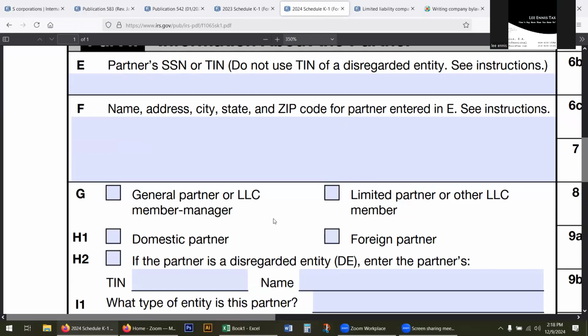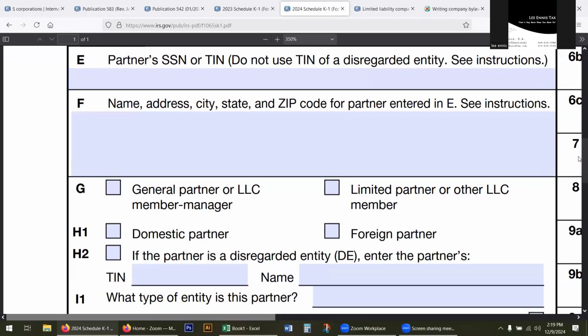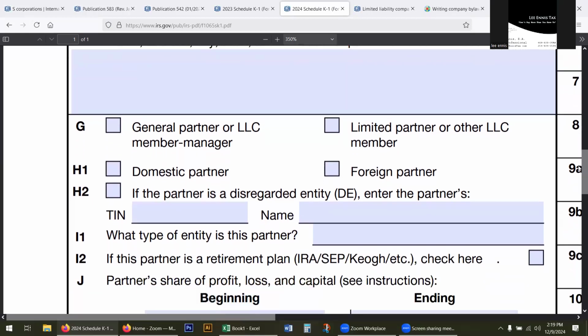That's not the case for a partnership. For a partnership, you can be domestic, meaning an American resident. You can also be someone that is not an American resident or citizen that maybe lives in Australia or something like that, right? You can be an owner, or a partner rather, in a partnership.